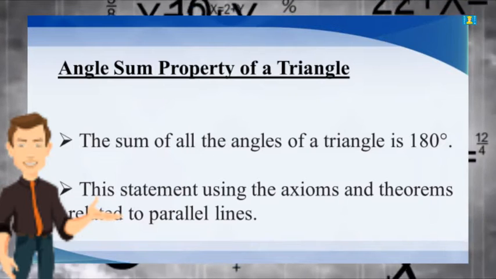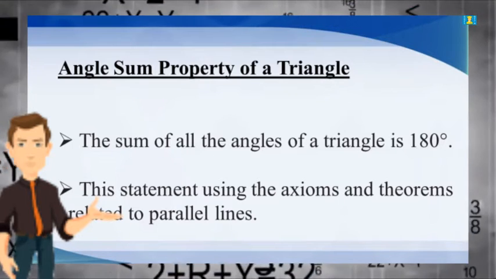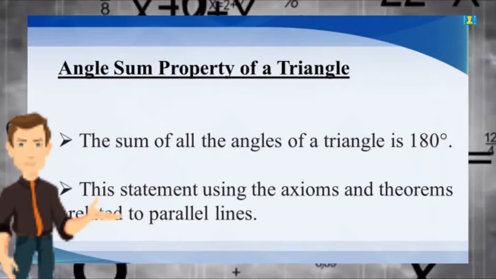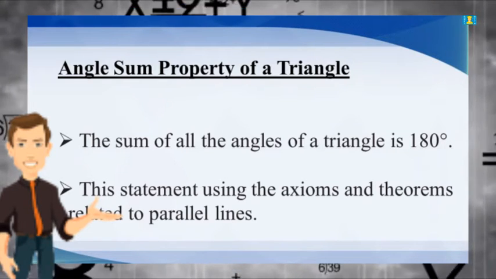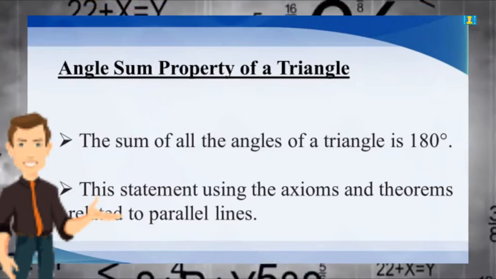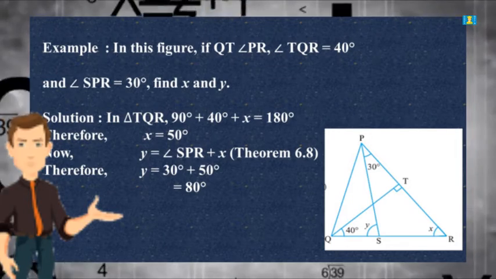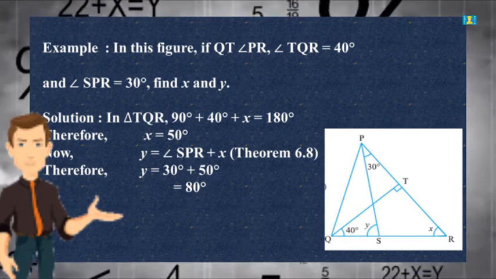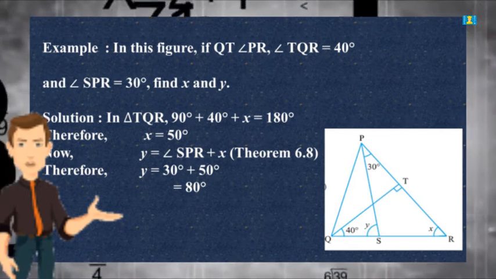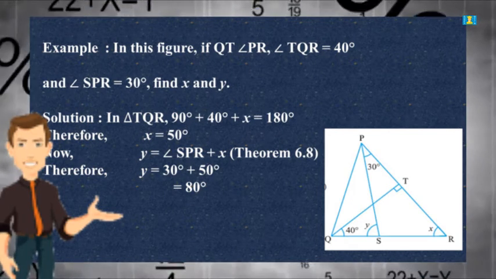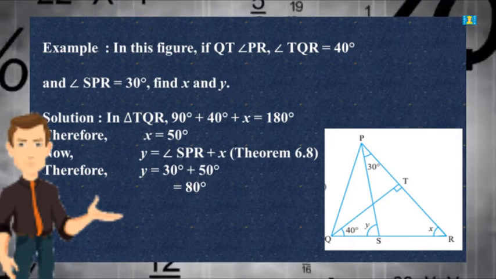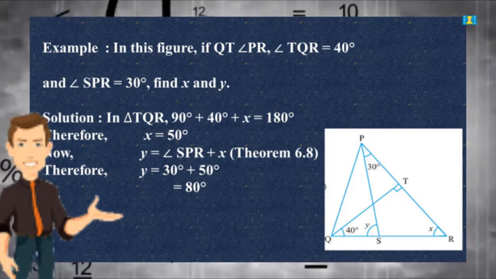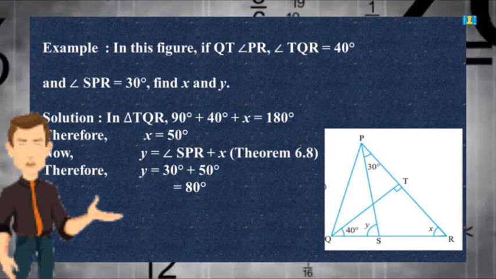Angle sum property of a triangle. The sum of all the angles of a triangle is 180 degree. This statement is proved using the axioms and the theorems related to parallel lines. Here is an example. In this figure, if QT is perpendicular to PR, angle TQR is equal to 40 degree and angle SPR is equal to 30 degree, find X and Y. Solution.